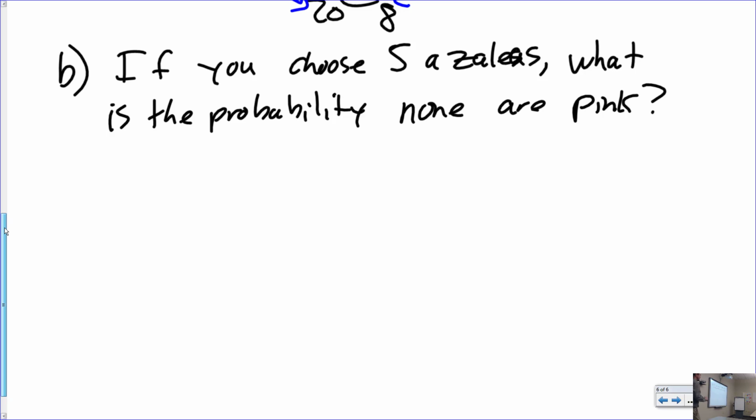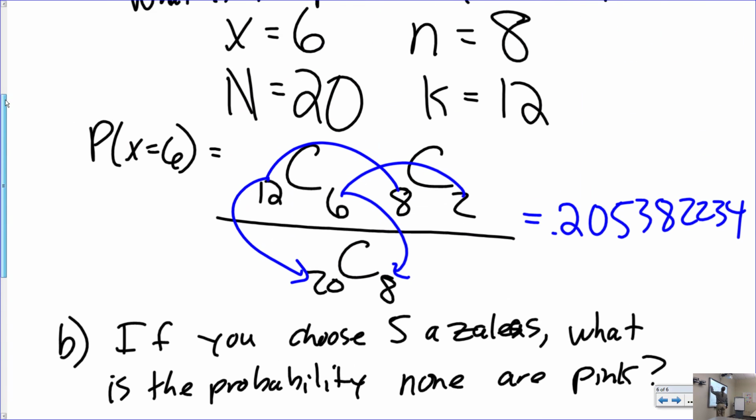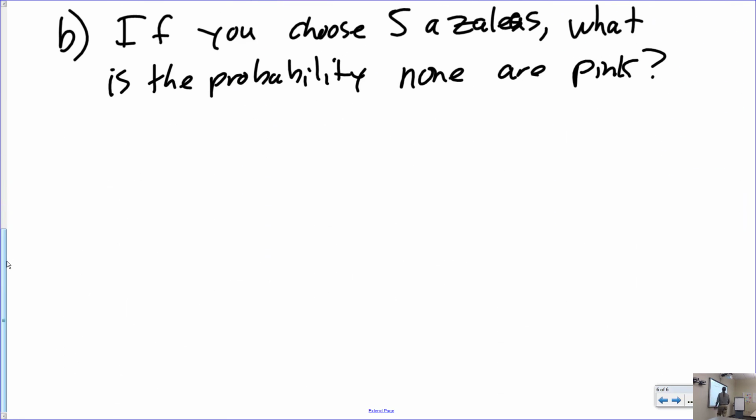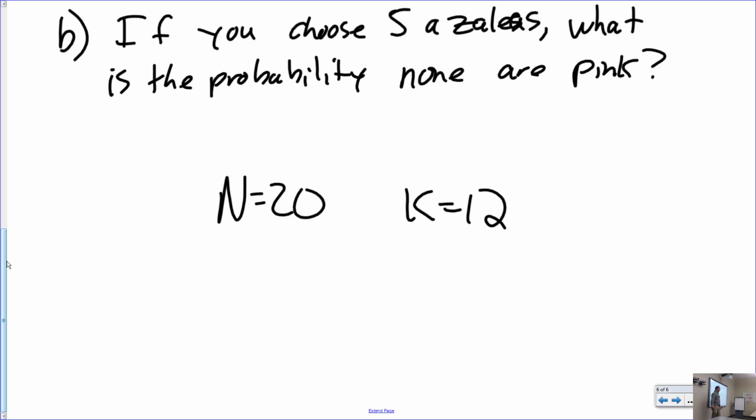So how do you use those things? Big N and little k stay the same, yes. Big N is still 20, little k is still 12, because there are still 20 total azaleas and 12 total pink ones in there. What's x this time? 0, my hero. And what is little n?